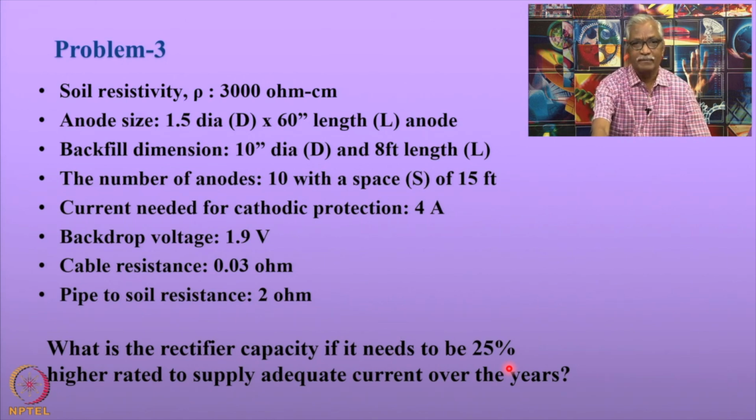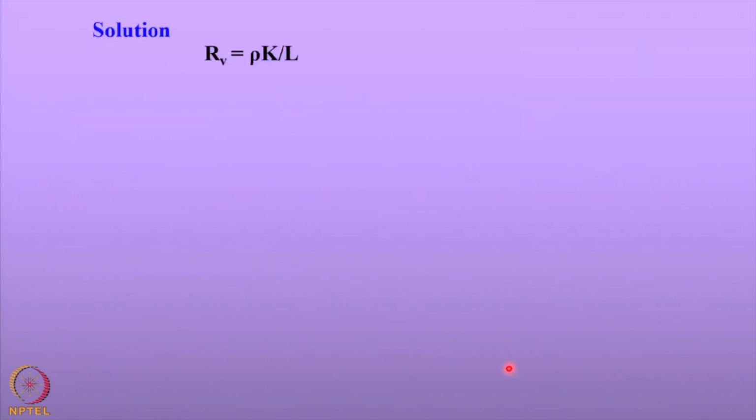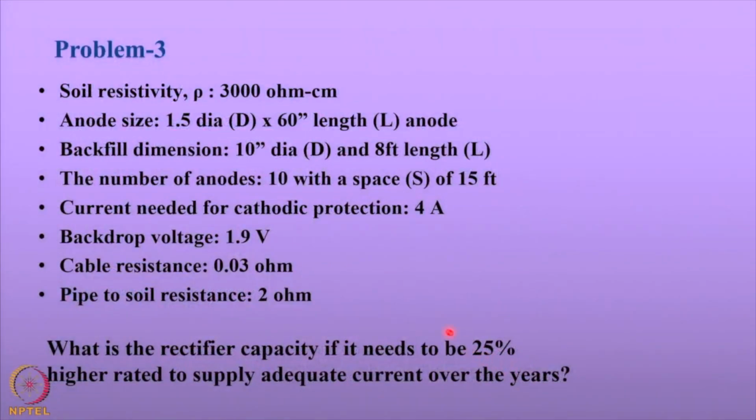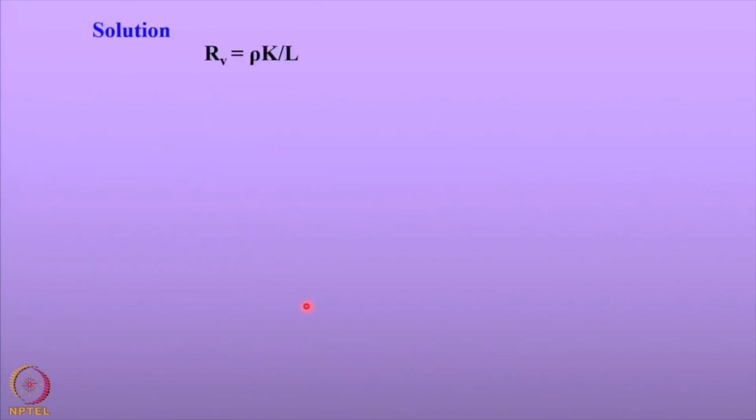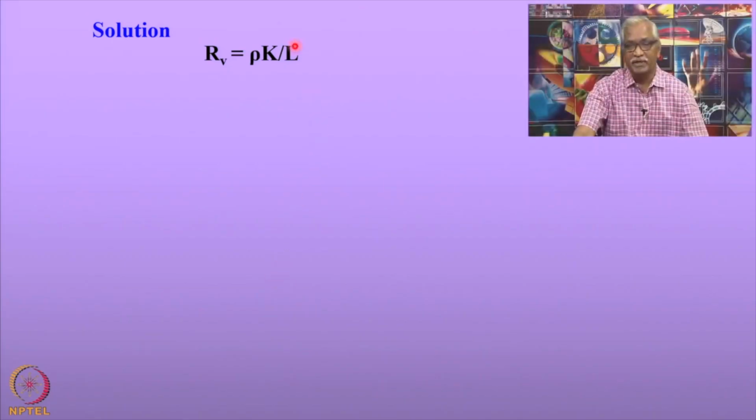So, how do you look at it? We know that in the circuit there are various elements that offer resistance. If I go back to this, the resistance offered by the cable and the resistance offered by the pipe to soil is known. So, we need to calculate the resistance offered by the anodes. We use this equation that has been given earlier.